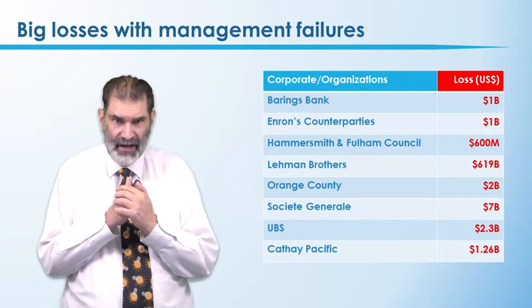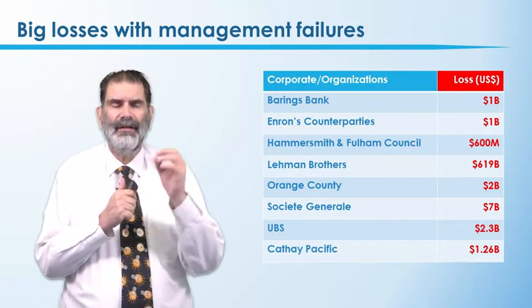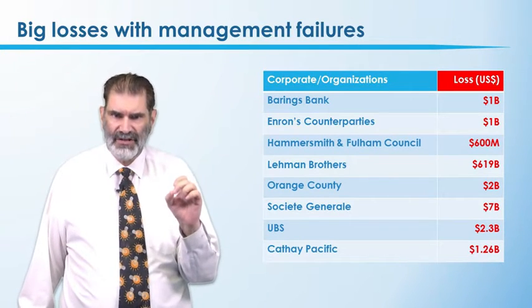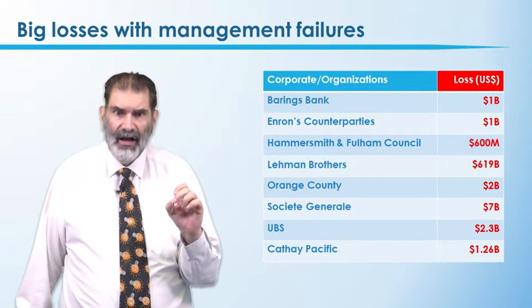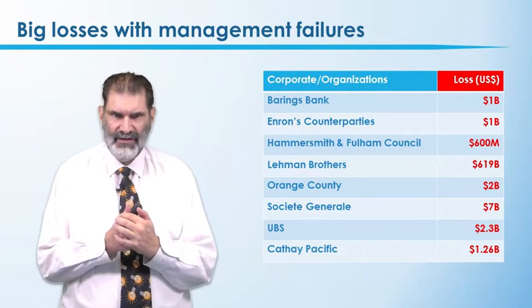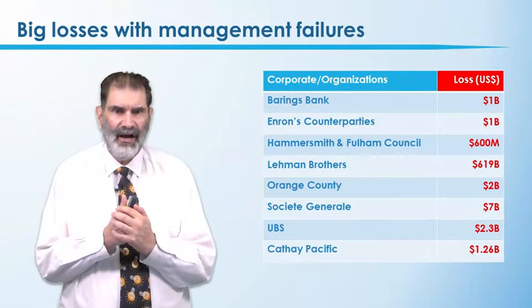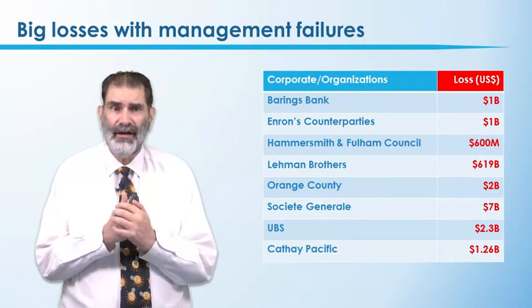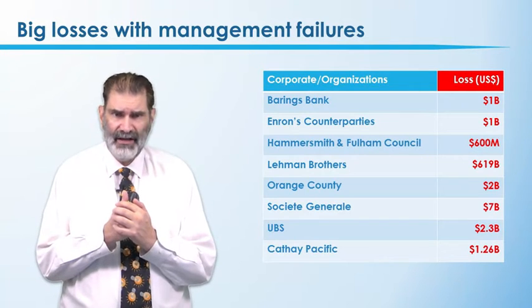They made big bets that were wrong, and the outcome was virtual bankruptcy, very close to bankruptcy for Orange County, in a financial collapse that was devastating to the economics of that government because of inappropriate management and lack thereof.